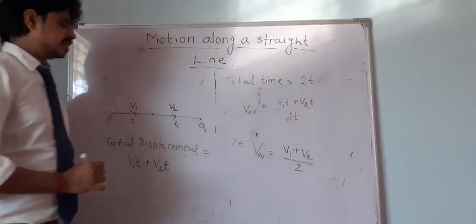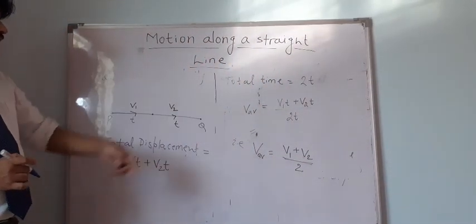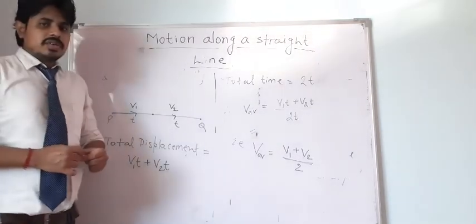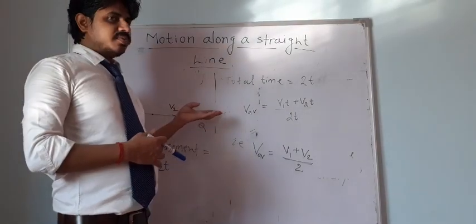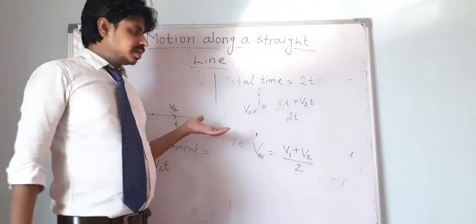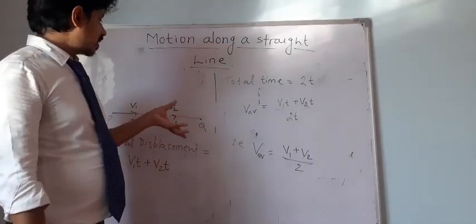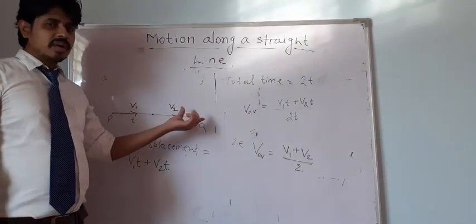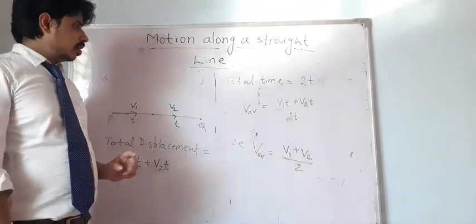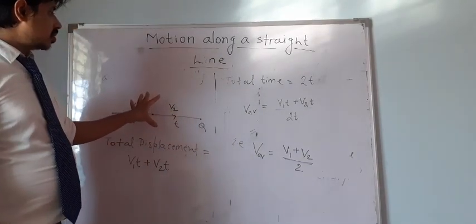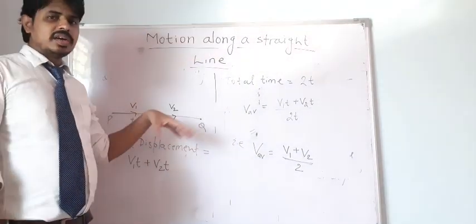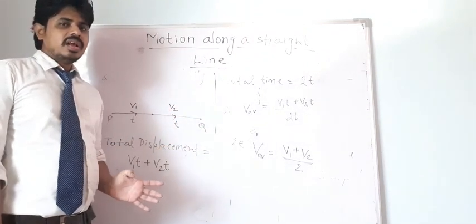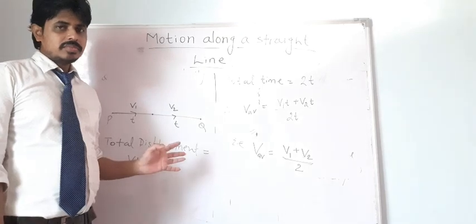So in this case the average velocity will look like this: v1 plus v2 by 2. These are the two average velocity questions asked most of the time in many exams. In a similar case, we can divide it into 3 equal halves, 4 equal halves, and the same concept applies. That is it for this video, and in the next video we will discuss instantaneous velocity and speed.